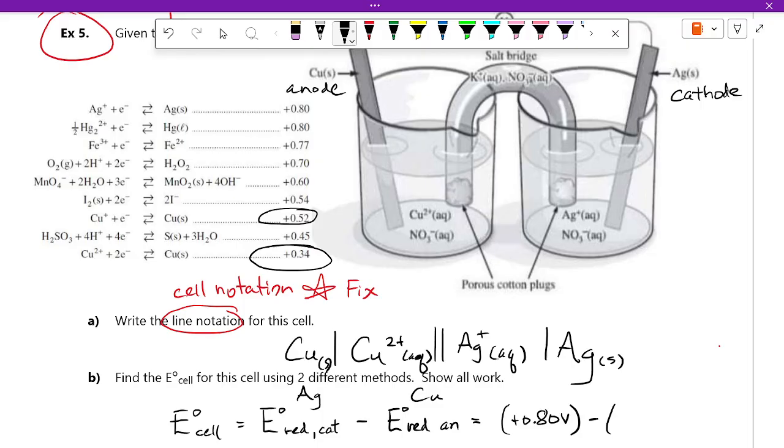The second one. Okay, because this oxidation will be negative 0.34, which is higher than negative 0.54. You can basically say whichever one gives you the biggest distance between the two, if you're using a table like that, will be the one that you choose. Yeah. 32. Oh, yeah.